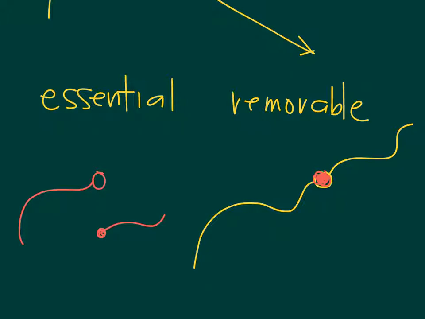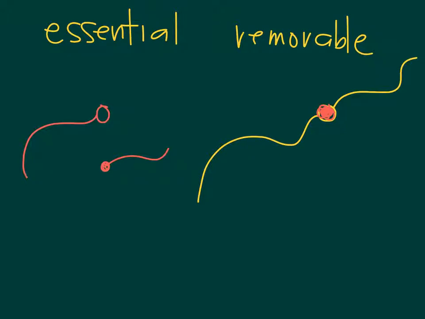Now, another type of essential is when you have an asymptote. On that asymptote, the graph will go to infinity on one side and negative infinity on the other side. So there's still a gap. You cannot remove the discontinuity there. So it's an essential discontinuity.